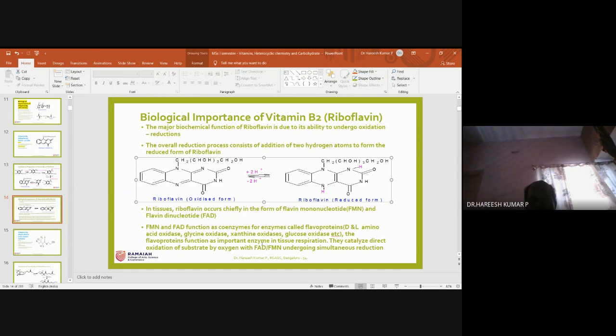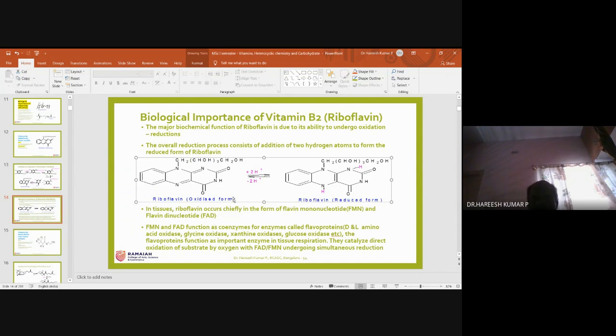The flavoproteins function as important enzymes in tissue respiration. They catalyze the direct oxidation of substrate by oxygen, with FAD and FMN undergoing simultaneous oxidation reduction. So this is about the biological importance of vitamin B2.